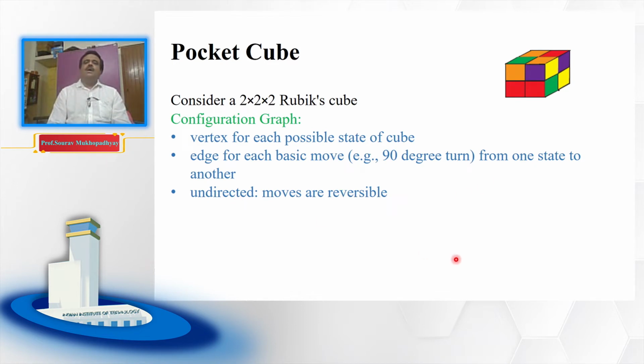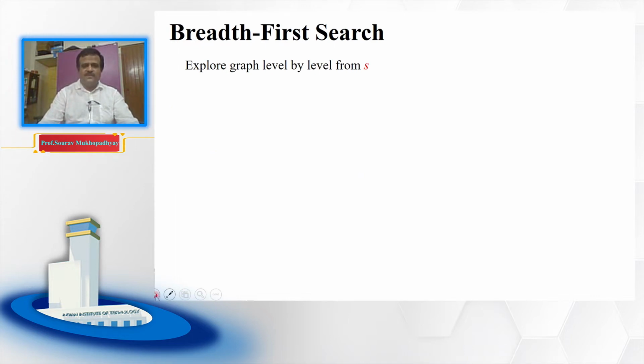Okay, now how can we use this for solving the cube? There is a solved state. We can view this level by level, which is called breadth first search. We explore the graph level by level from a state S. For the Rubik's cube, that state is the solved state, and we label it level 0.